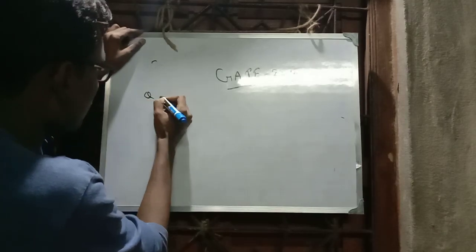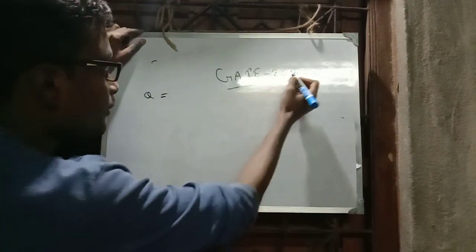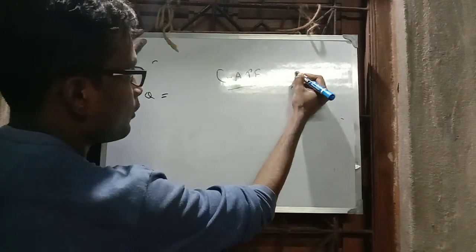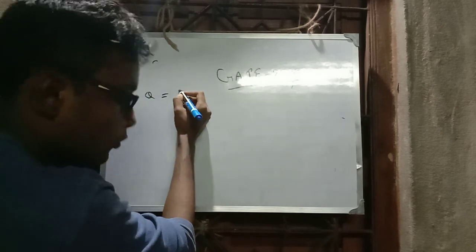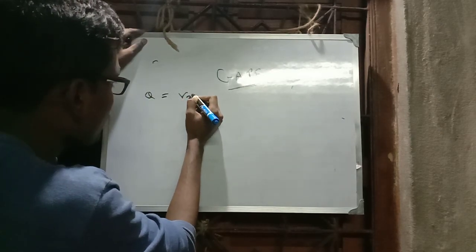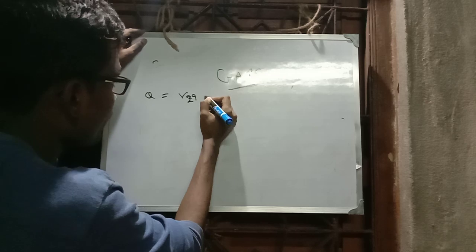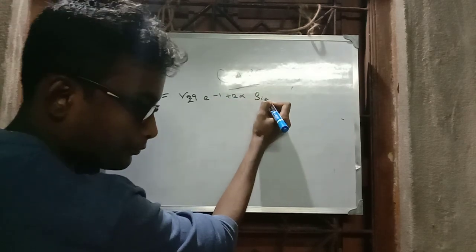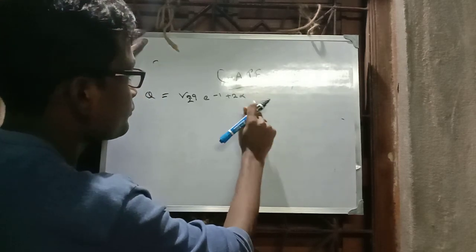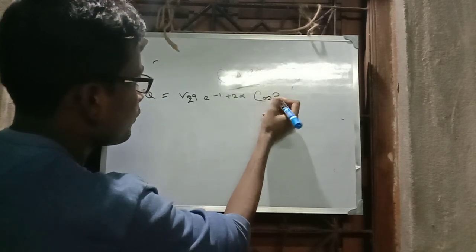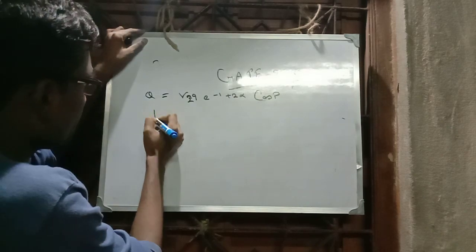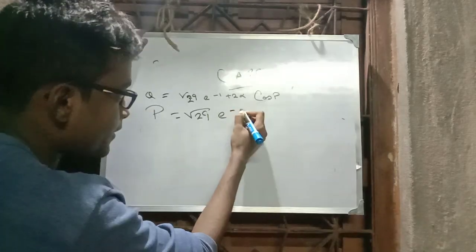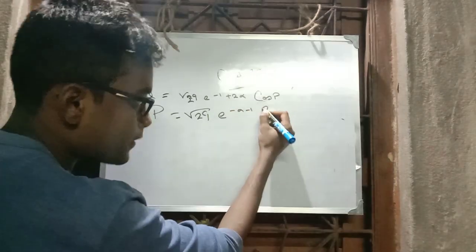GATE 2018: capital Q equals root 2q e to the power minus 1 plus 2 alpha, sin p, cos p, and capital P equals root 2q e to the power minus alpha minus 1, sin p.